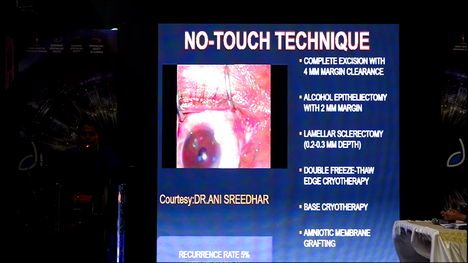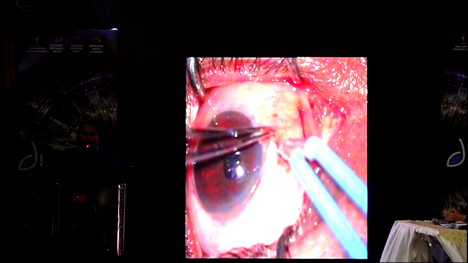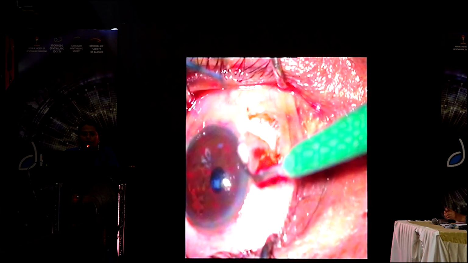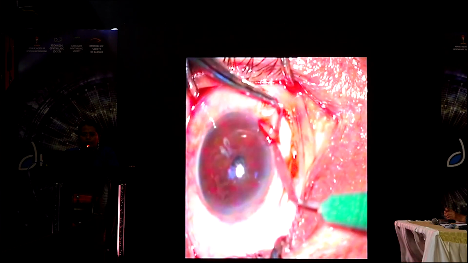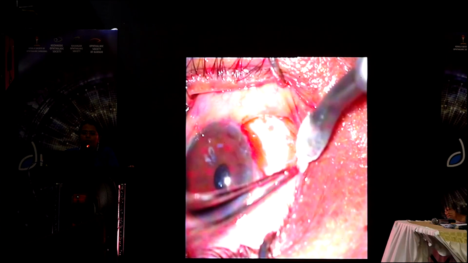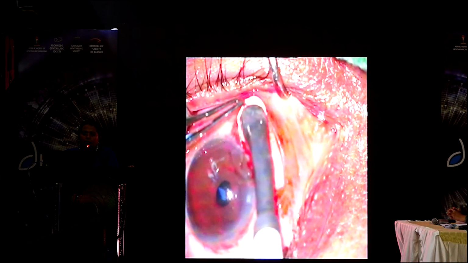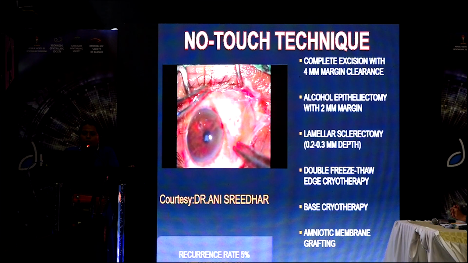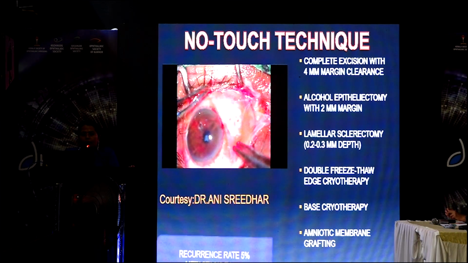So we need to identify the lesion, then after that mark a 4 millimeter margin away from the tumor, then 2 millimeter on the cornea, do a conjunctival alcohol epitheliectomy, excise the tumor in toto, and after that place it on a filter paper, mark nicely, then do a double freeze-thaw cryotherapy on the conjunctival margins, then reconstruct it with AMG. So if done properly, it does reduce the recurrence rate to 5% and metastasis to 2%.